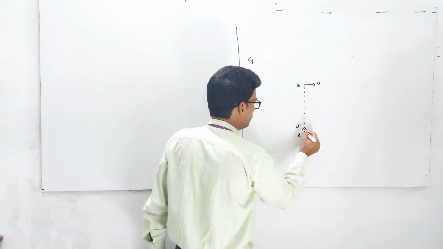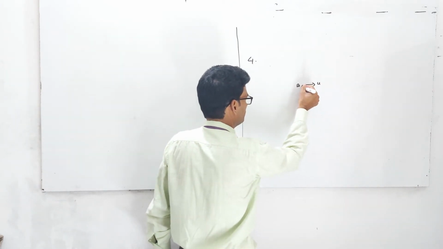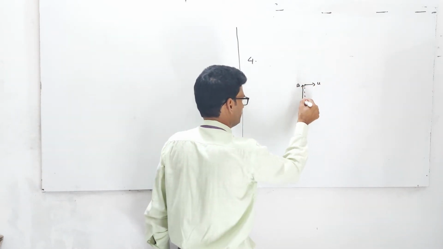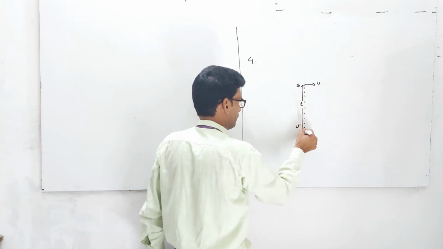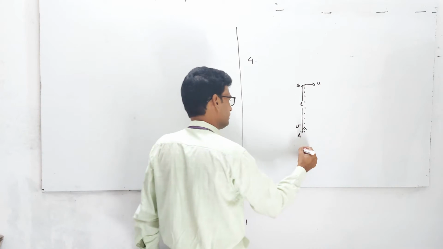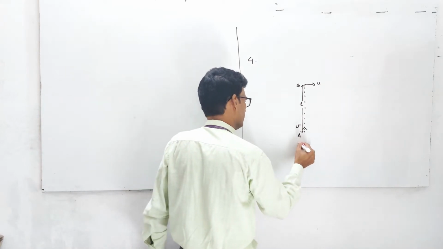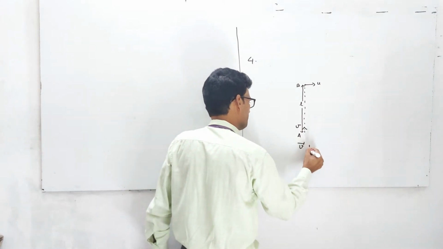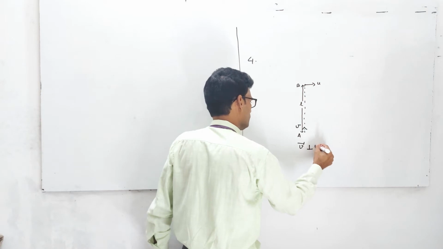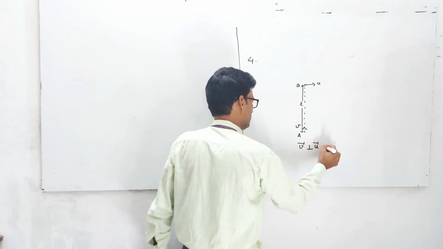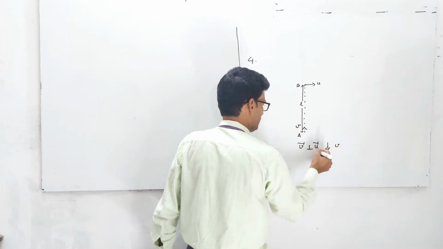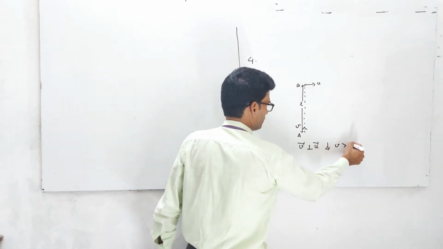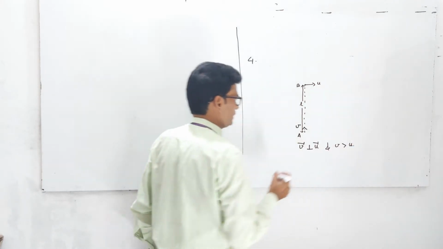At t equal to 0, their separation is small l and the velocity of particle A is perpendicular to the velocity of particle B, and also the speed of particle A is greater than the speed of particle B.